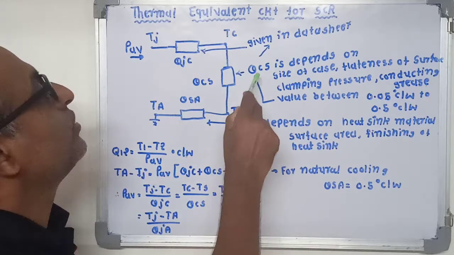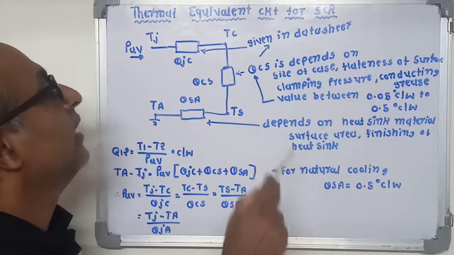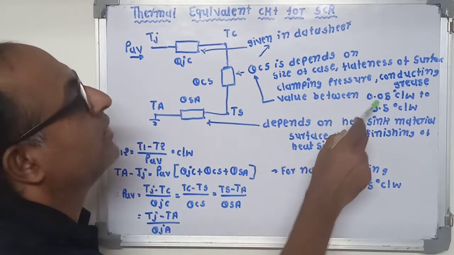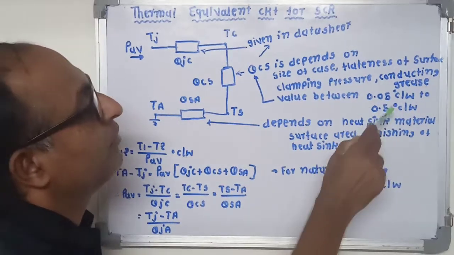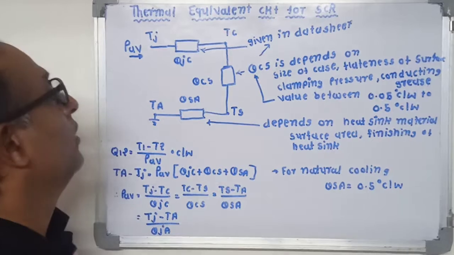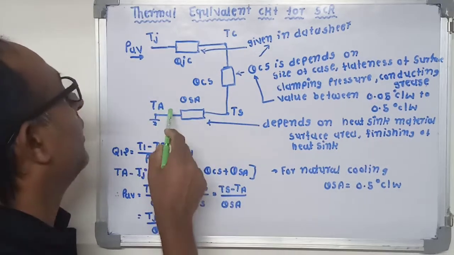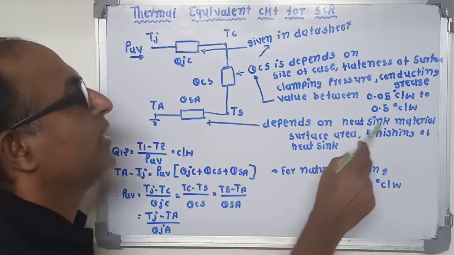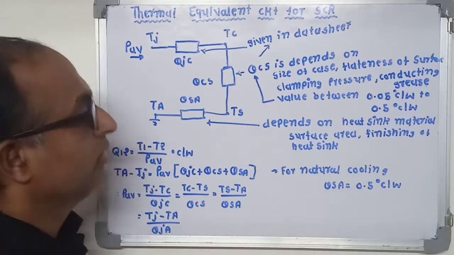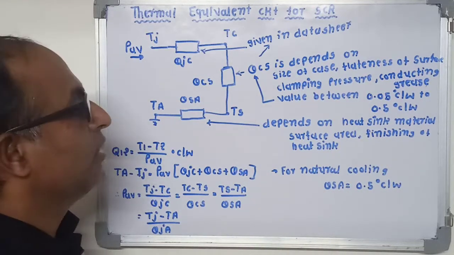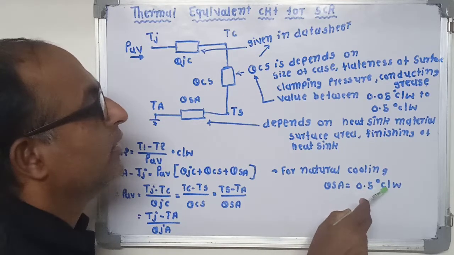The value of theta Cs is also provided in the data sheets, and its value is between 0.05 degree centigrade per watt to 0.5 degree centigrade per watt. Now the thermal resistance between sink and ambient depends on the heat sink material, surface area, and finishing of the heat sink. For natural cooling, its value is taken as theta Sa equal to 0.5 degree centigrade per watt.